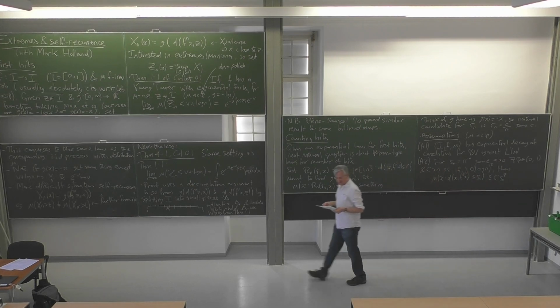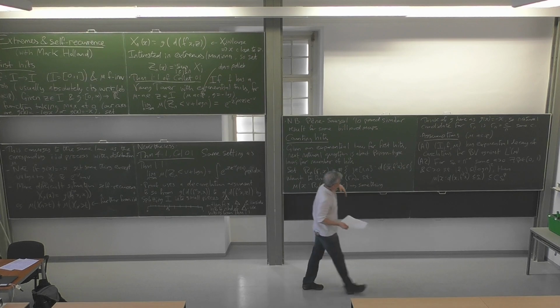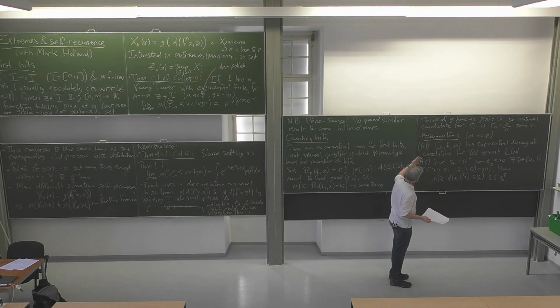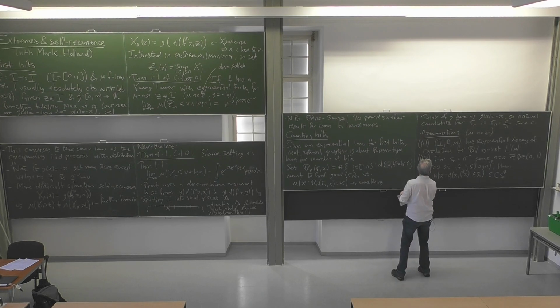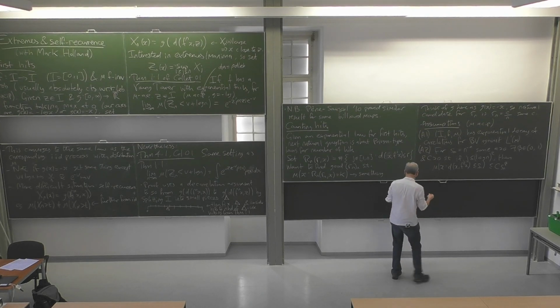Okay, so the first one is like a mixing condition, and the second one is like a short recurrence: it doesn't behave too badly. So you don't have too many points coming back too fast.